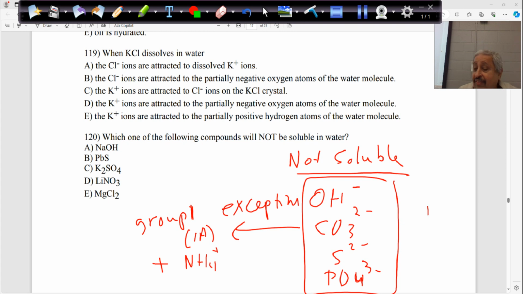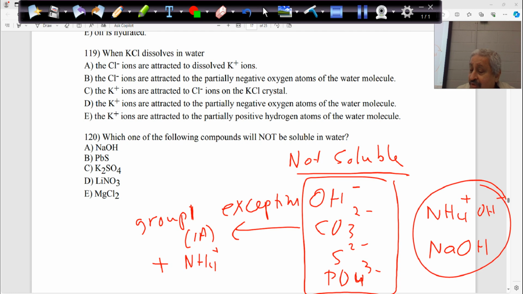So if I have ammonium hydroxide, for example, or sodium hydroxide, those are soluble because this is group 1A, and this is ammonium. But all other elements, a metal ion combined with those 4, are not soluble. That's all in the chart.